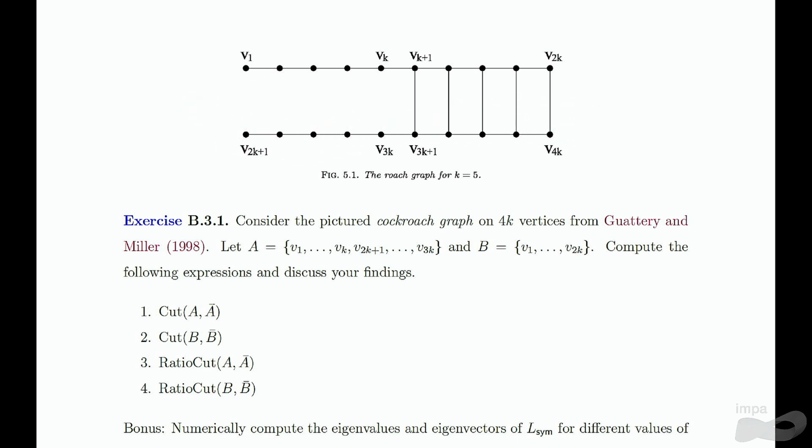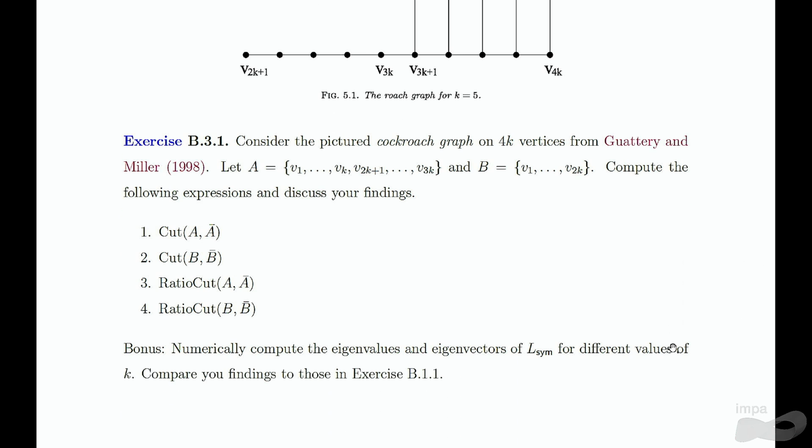We can ask what are the cut and ratio cut values for these expressions. This is just to practice the definition of these quantities. The reason for this example and treatment in this 98 paper is to better understand properties of the Laplacian and relaxation as well. Then there's a bonus after you do the easy part.